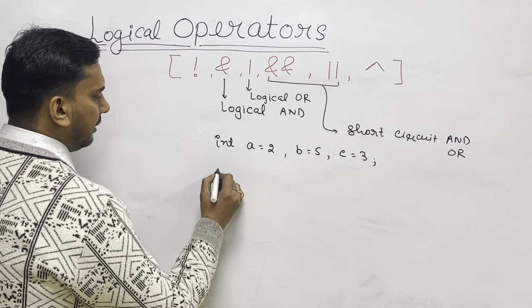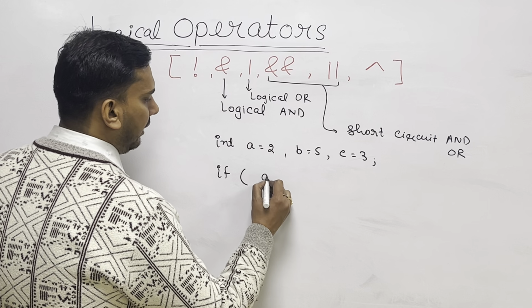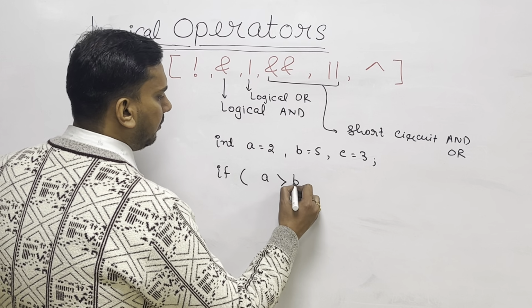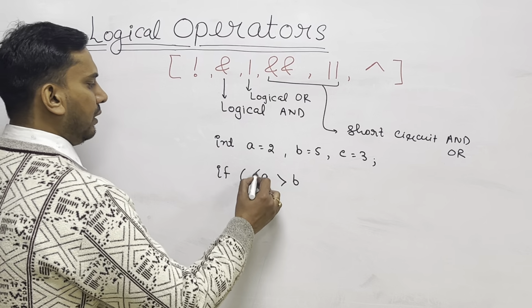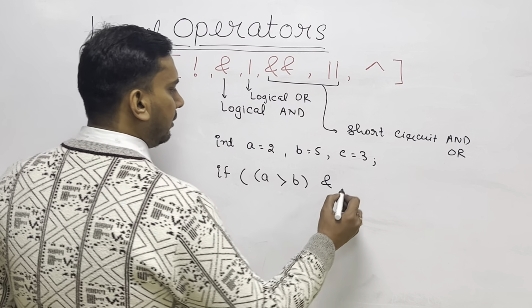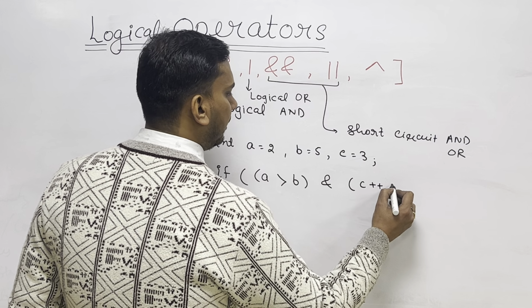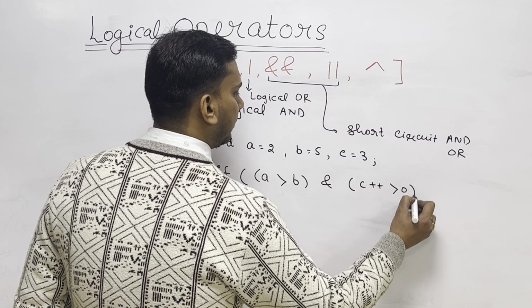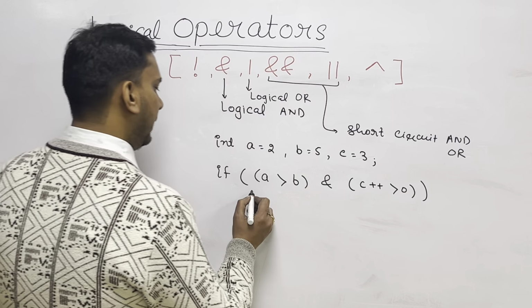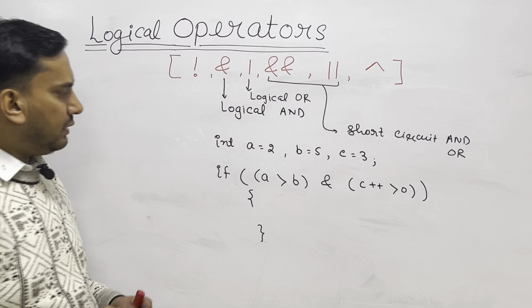So if I am writing here: if a is greater than b and c plus plus is greater than 0, right, something like this. So just think about this case.